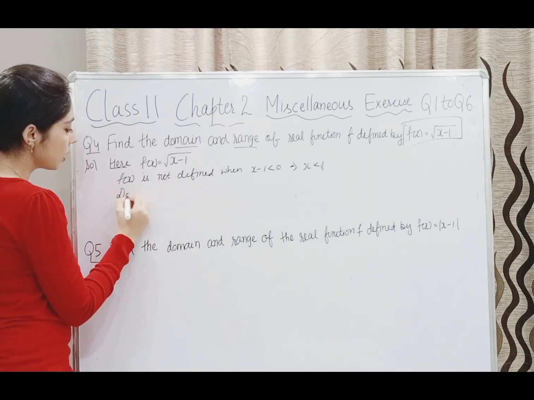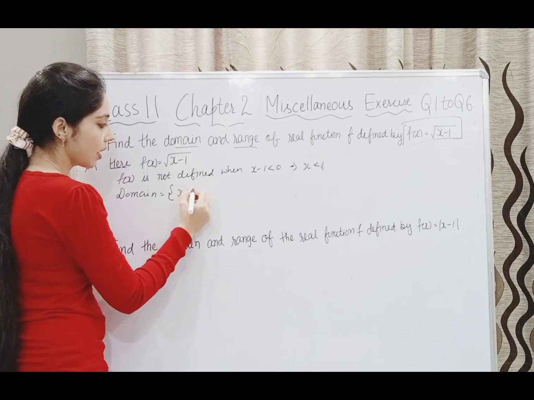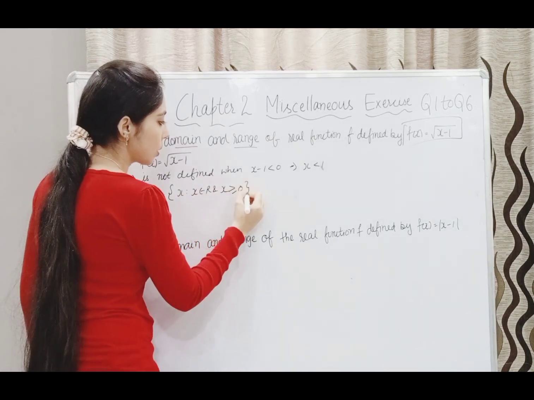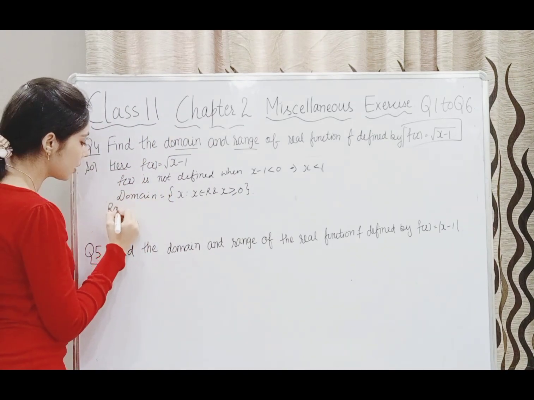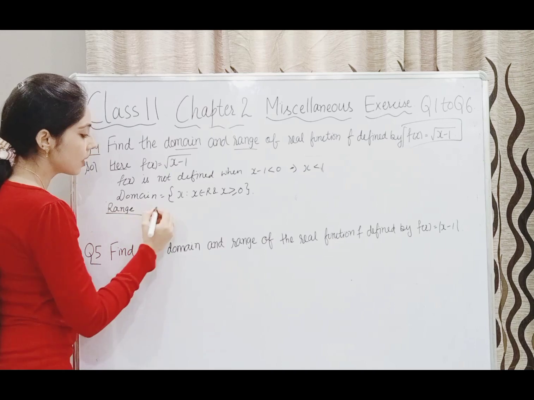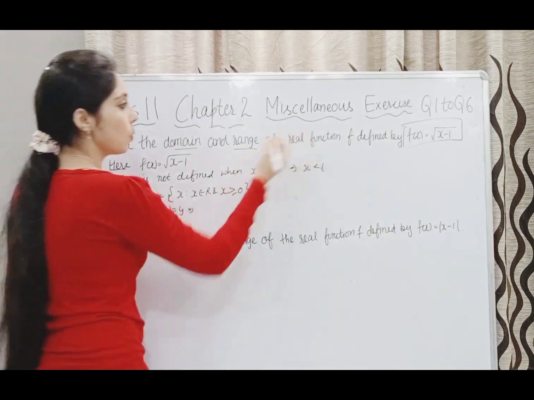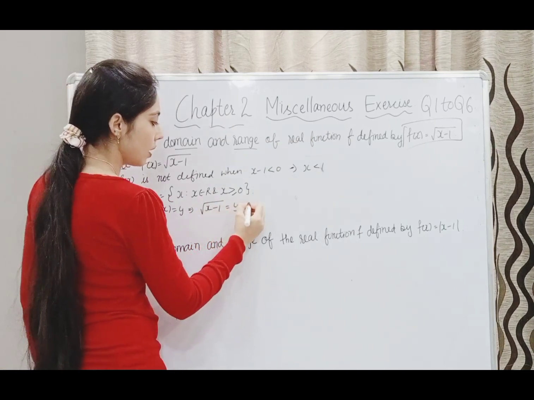So what will be the domain? Domain will be those x such that x is real and x is greater than or equal to 1. Now, what about range? To find range, we will put f(x) equal to y. So f(x) is root of x minus 1 which is equal to y.